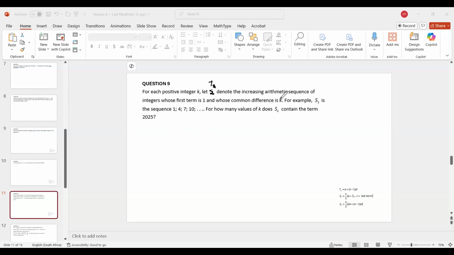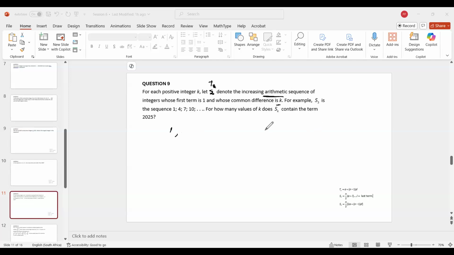You have an arithmetic sequence of integers whose first term is 1, right? And whose common difference is k. So in other words, it's an arithmetic sequence. I've told you what an arithmetic sequence is. It's a sequence where you keep adding to the first number, and they tell you what you're adding.